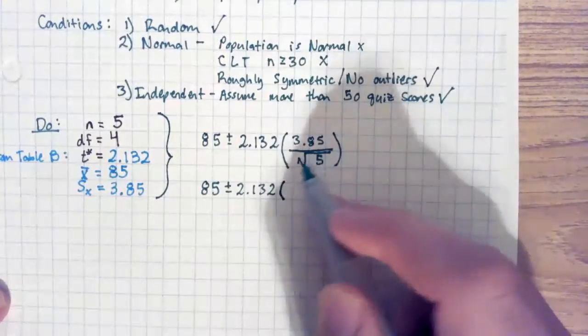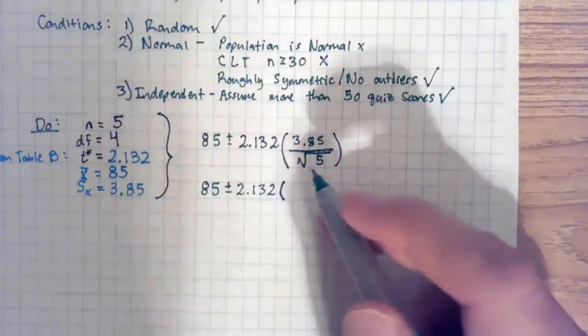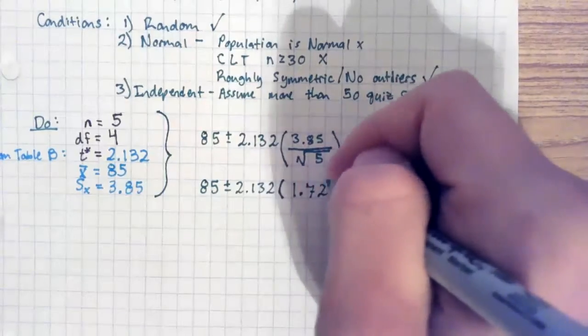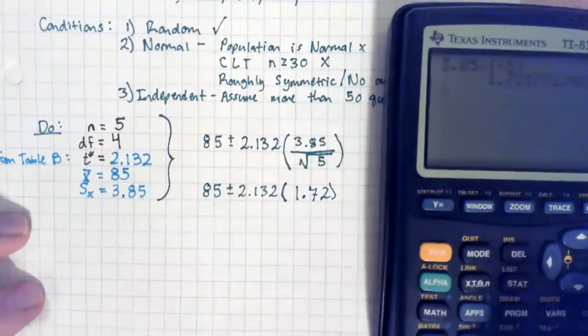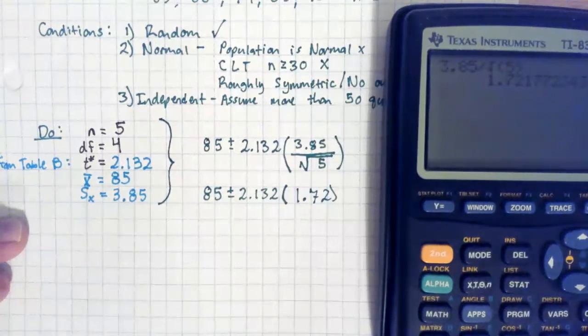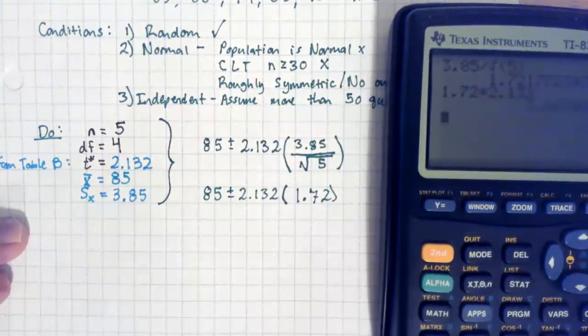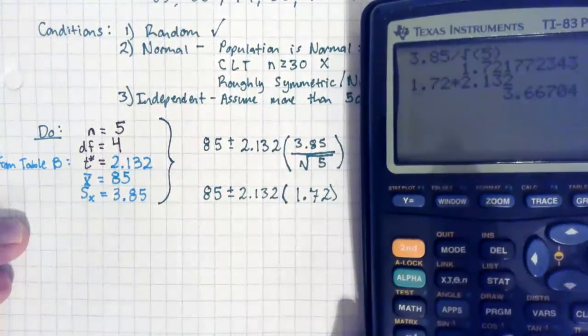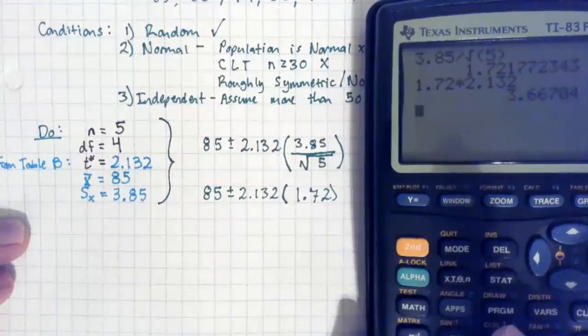We did the standard deviation divided by square root of sample size, and we got 1.72. I keep on working through this. I can now multiply the critical value by the standard error. 1.72 times 2.132. Maybe that's pretty close to 3.67.